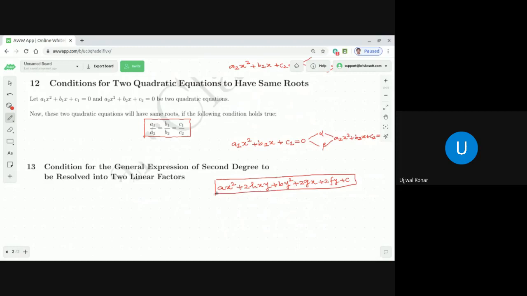Now, we can express it as a product of two linear factors, correct or not? So for example, this we can write as (a1x + b1y + c1)(a2x + b2y + c2).